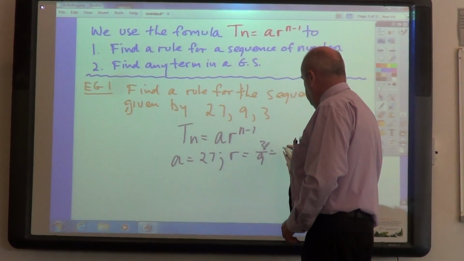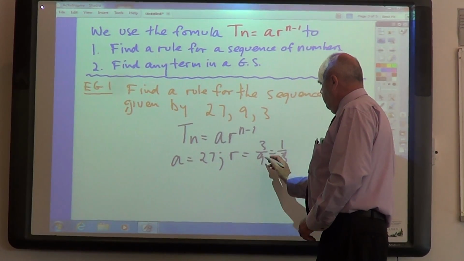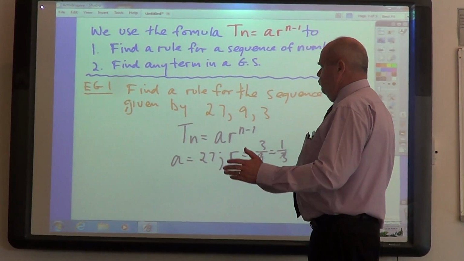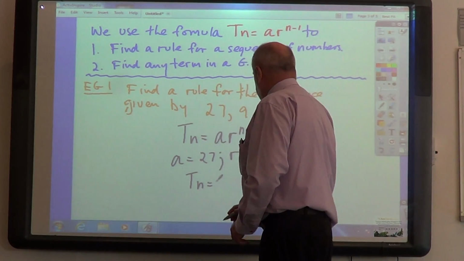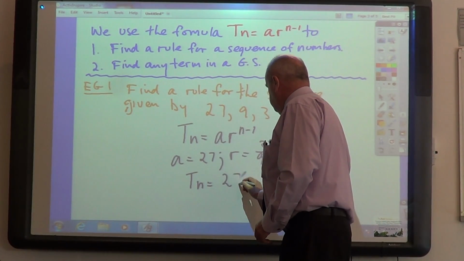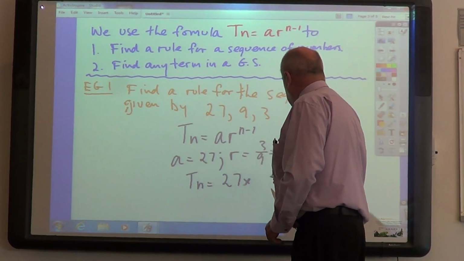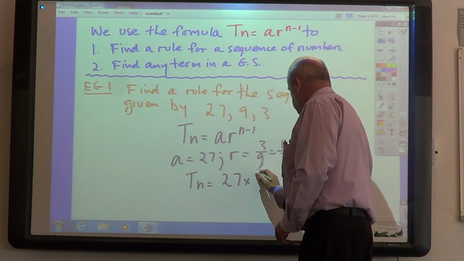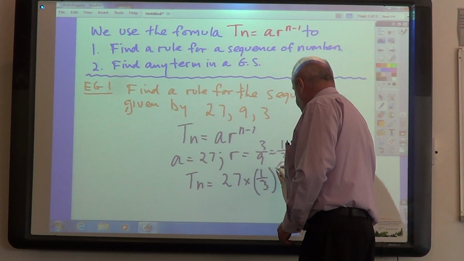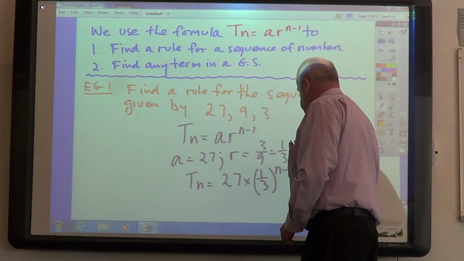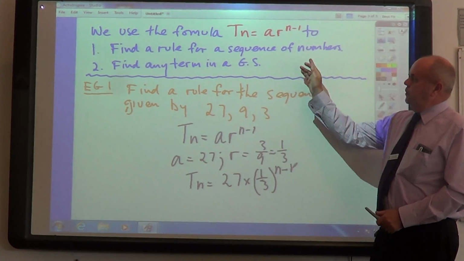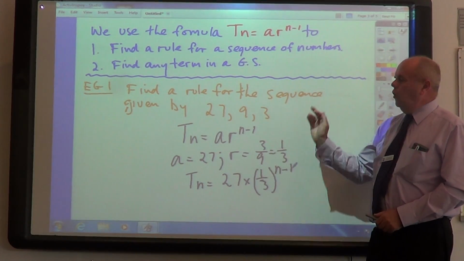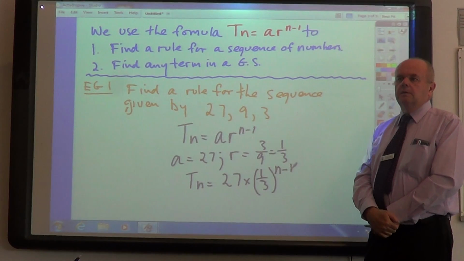Let's just write it like that so that we know where everything's coming from. That's all we need. So the rule for this geometric sequence is 27 times a third raised to the power of n minus 1. That is the solution to that question. We found a rule that describes that sequence of numbers.